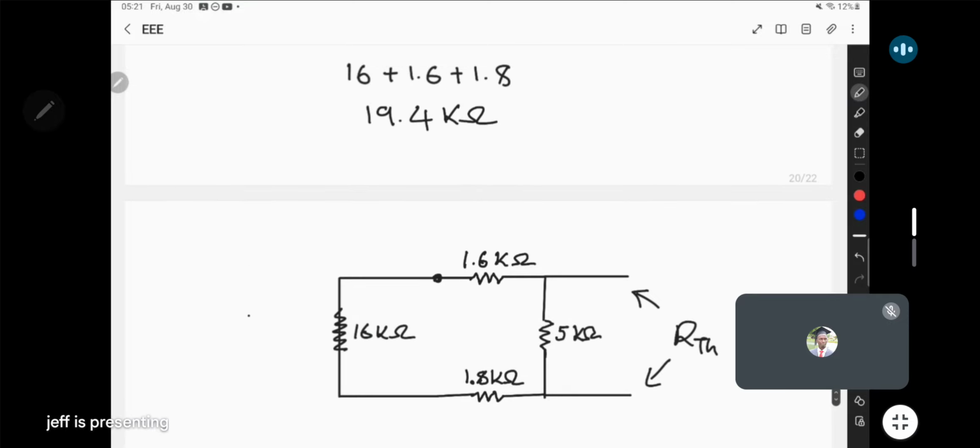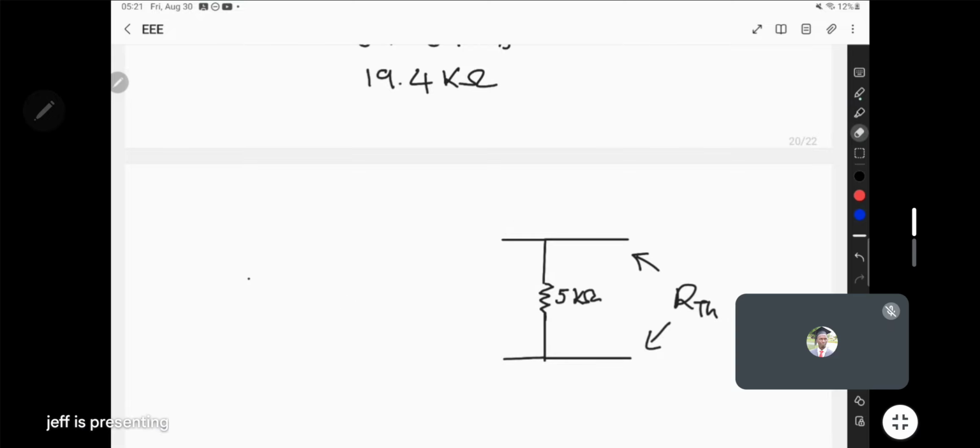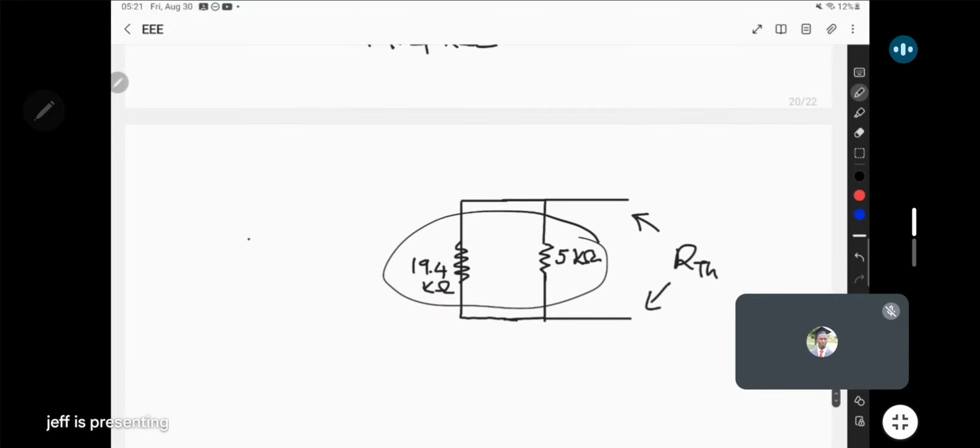So we added them to get 19.4. So we now added these and the circuit reduced, so that now this side we have 19.4 kilo ohms. Now notice that the 19.4 and the 5 are now in parallel.